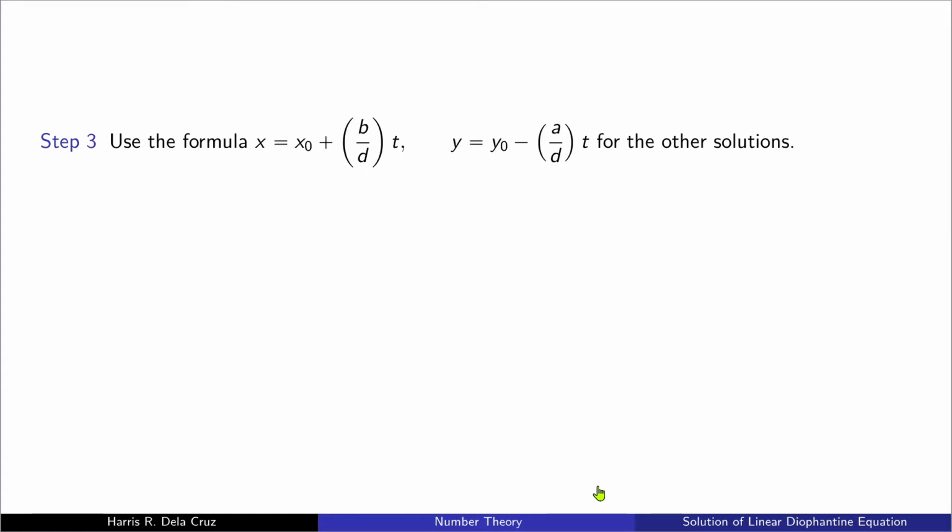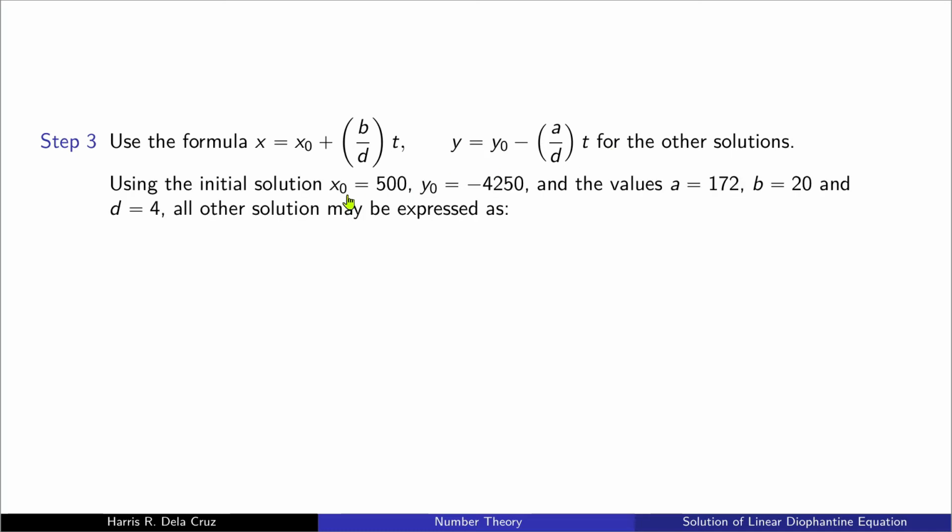So the last thing to do is to use the formula given by the theorem. For other solutions, we use x equals x sub 0 plus b over d times t, and y equals y sub 0 minus a over d times t. Again, x sub 0 is 500, y sub 0 is negative 4250, a is 172, b is 20, and d is equal to 4. So we use these values, plug them in here, and we have our solutions. So the solutions are, for x, we have 500 plus 20 divided by 4 times t.